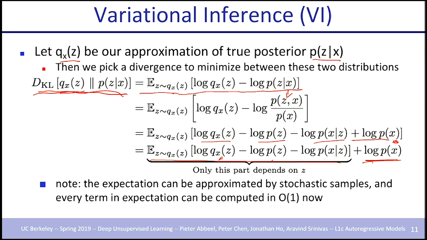And then you also need to evaluate the prior probability, P of Z, and the conditional probability P of X given Z. All of these terms can be evaluated efficiently. So what this means is that we can come up with an approximate posterior and then steer it towards the true posterior with scalable stochastic optimization without ever doing the intractable sum.